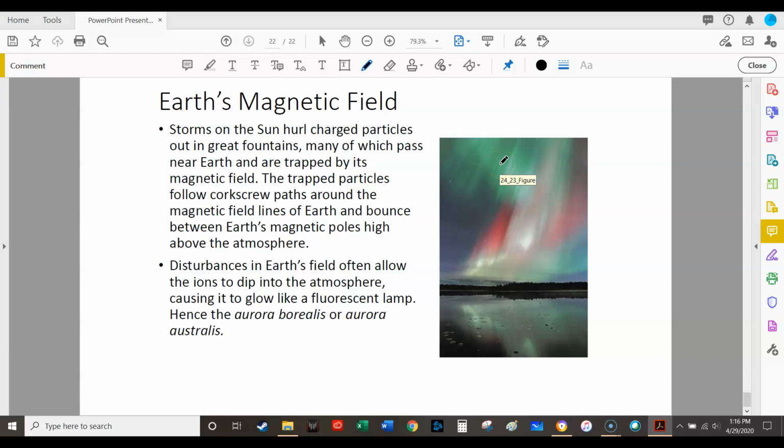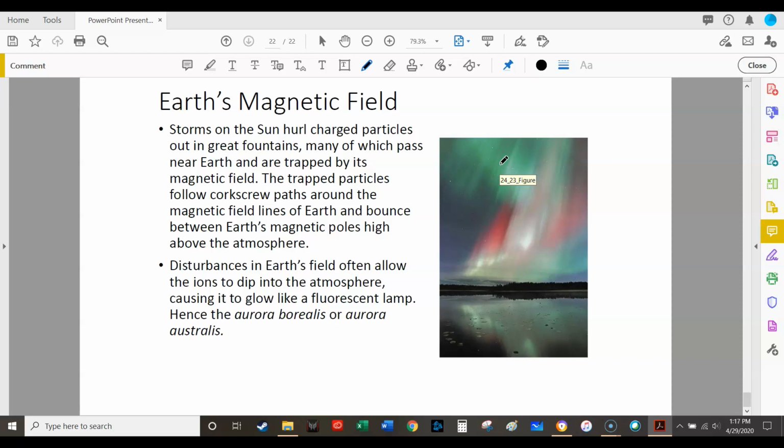And so when they hit the Earth's atmosphere, those charged particles will have to slow down, right? And when they slow down, they start to release energy in the form of photons. Electrons, when they slow down, release energy in the form of photons, and the amount of energy that gets released from them hitting the Earth's atmosphere will release different colors, right?